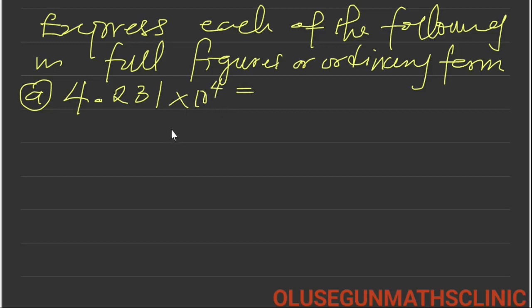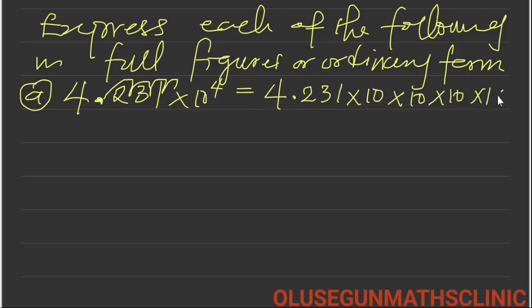How do you do it? As I've said earlier, since the point is here and you have 4 zeros, you'll be shifting it forward again to have 1, 2, 3, 4. So it will be in this form: 4.231 times 10, 1, 2, 3, 4.